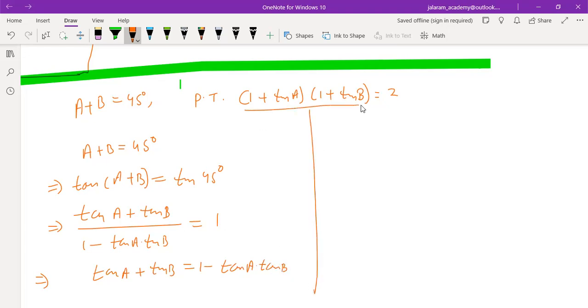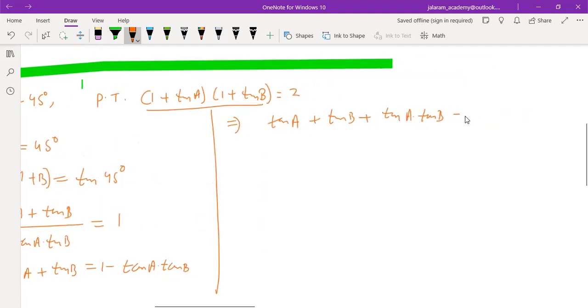And what we have to prove? (1 plus tan a) into (1 plus tan b). So transfer all the terms to the same side. So tan a plus tan b plus tan a into tan b equals 1, as we have to bring positive in the left hand side.